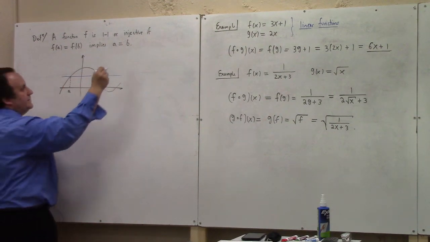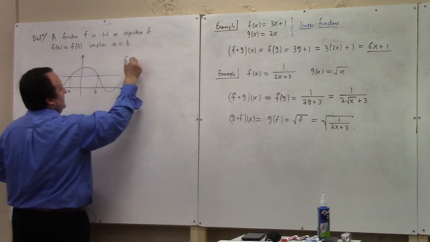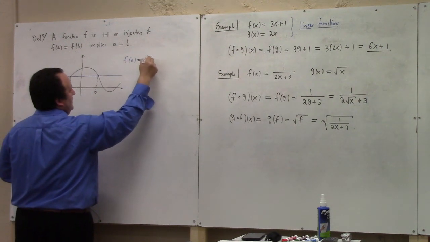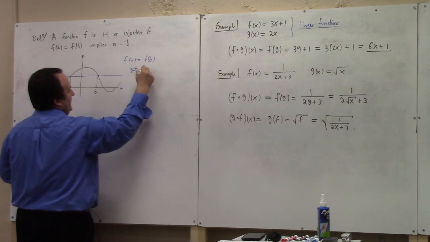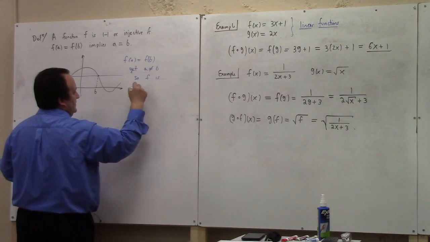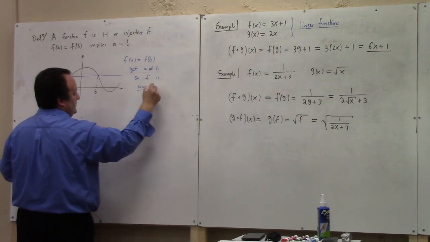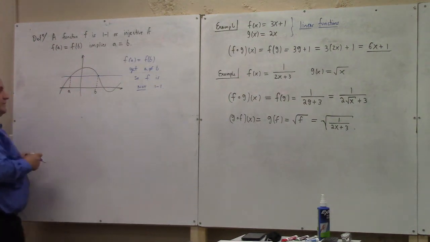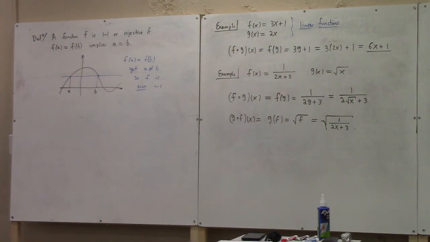So we have f of A equal to f of B, yet A is not equal to B. So f is not 1 to 1. Two distinct inputs can create the same output. If that's the case, the function's not 1 to 1. And we also say that the function does not pass the horizontal line test.